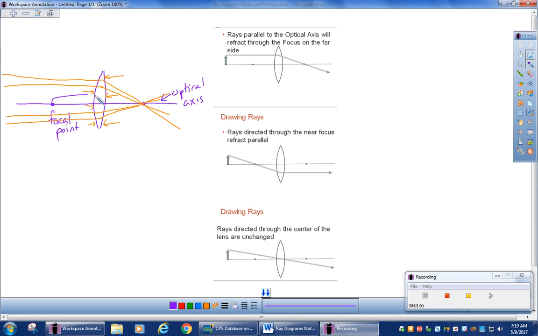So if this was 3 centimeters, then my other dot over here would also need to be 3 centimeters. And the distance of this focal point is going to be based off of the curvature of the actual lens itself. And we're going to be using these focal points as a reference tool when we start drawing our diagrams.